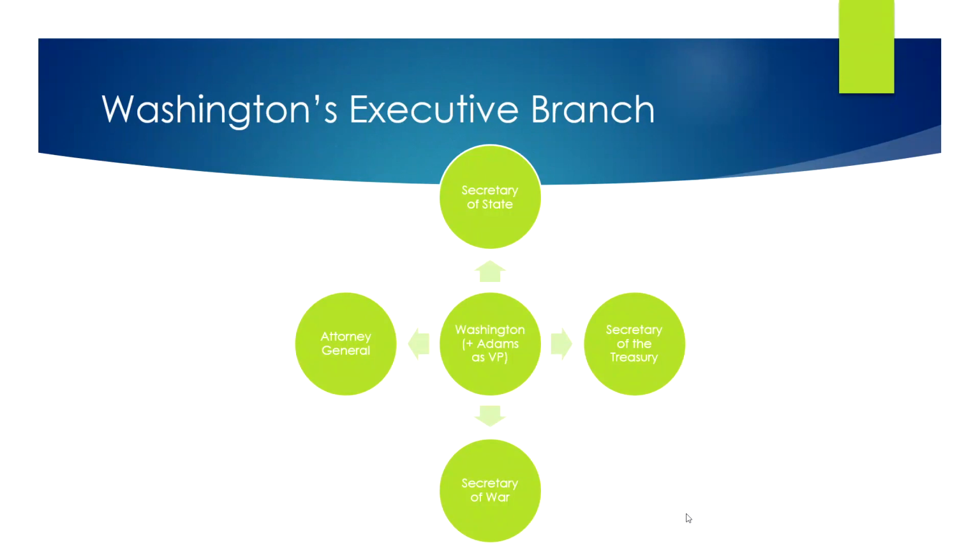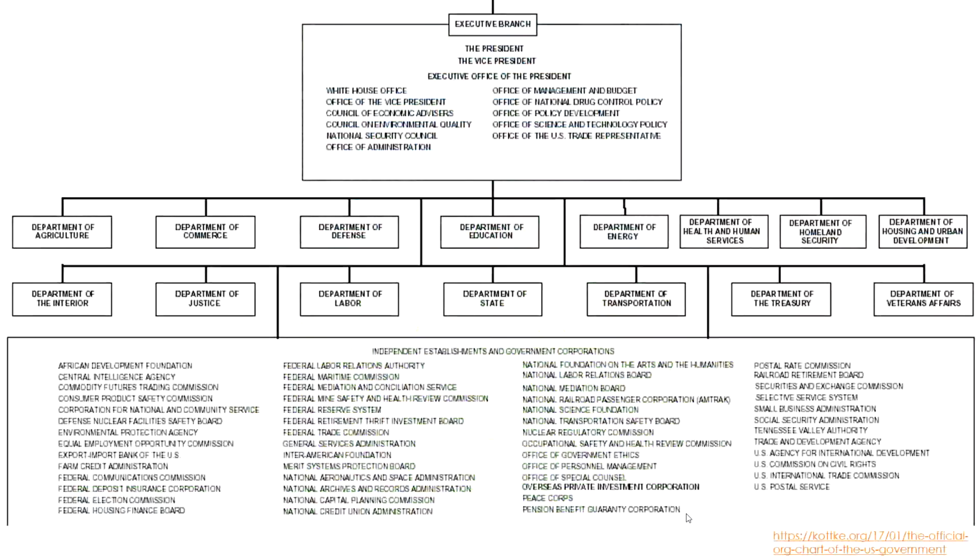So we have this sort of organizational chart back under Washington and for the first several presidents after him. Compare that to our current organizational chart of the executive branch. So we see the line at the top of the page here, right? That's just going up to the Constitution, but I trimmed that out just to make everything else a little bit bigger.